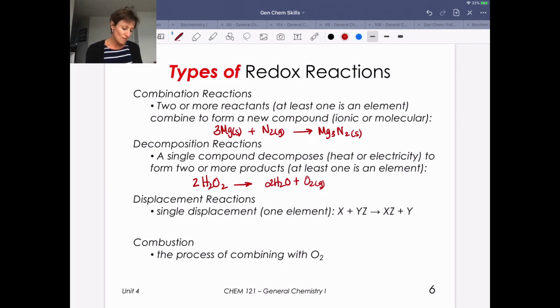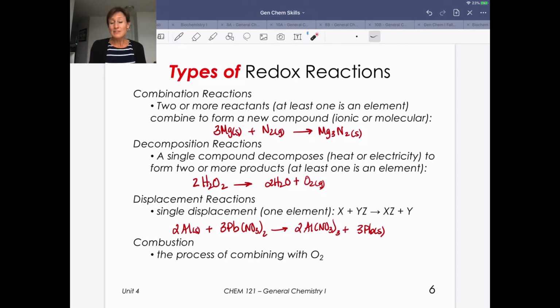Another example here of a displacement reaction. We're going to see a single displacement reaction. Let me give an example here. If we had 2 aluminum plus 3 lead nitrate, generating 2 aluminum nitrate plus 3 lead in its elemental form.